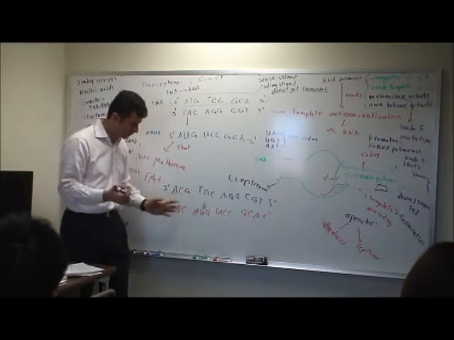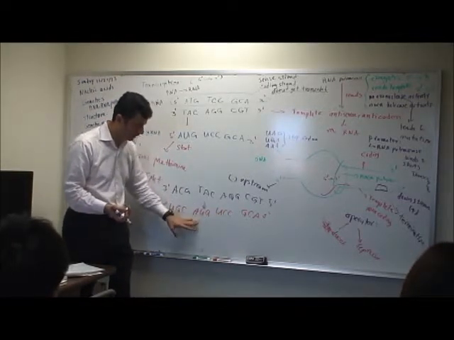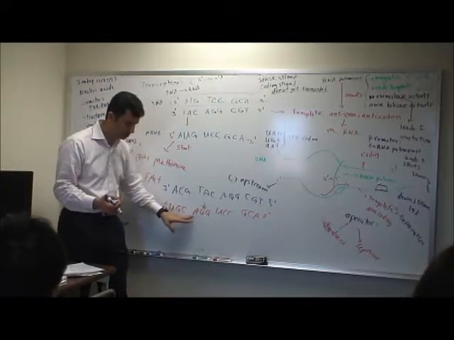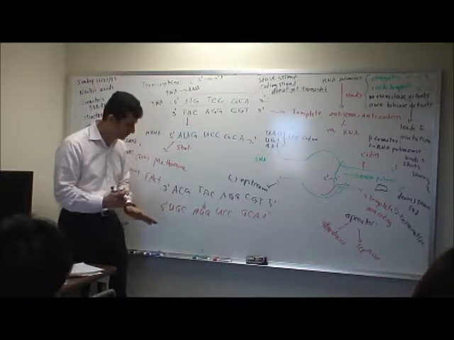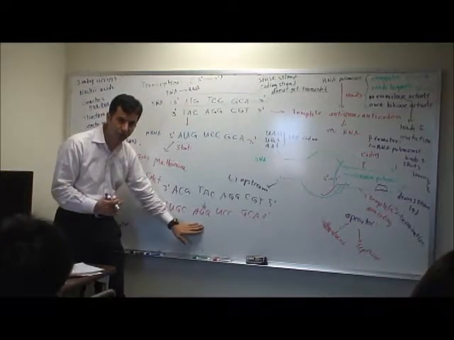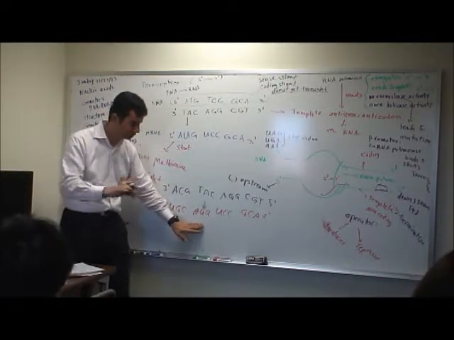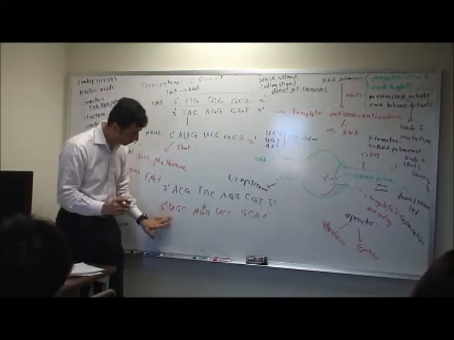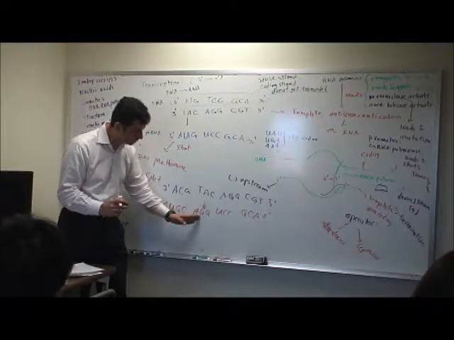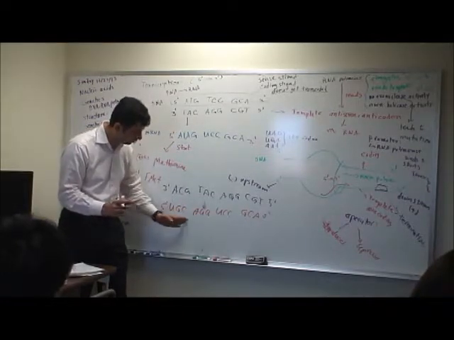Yes, you transcribe this mRNA, but when you start translating, the translation has to start at the start codon. Which one is the start codon? AUG. So the peptide that you make doesn't include this, because this is not a start codon. You scan this to find the start codon, and the direction is 5 prime to 3 prime.